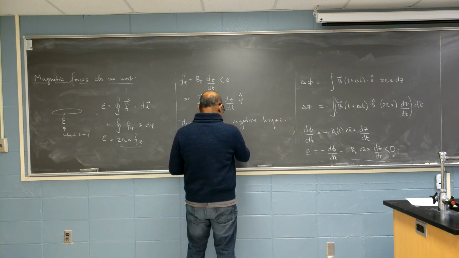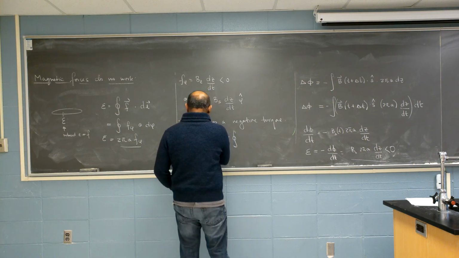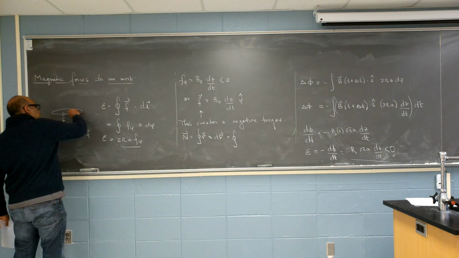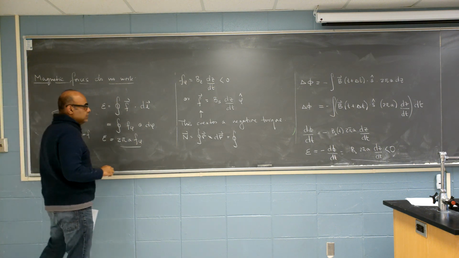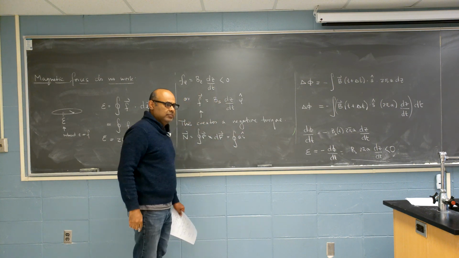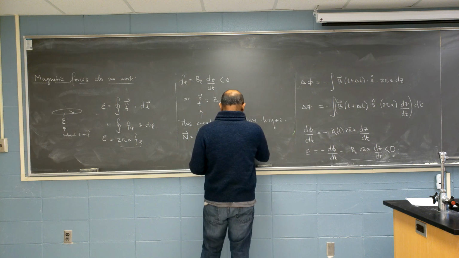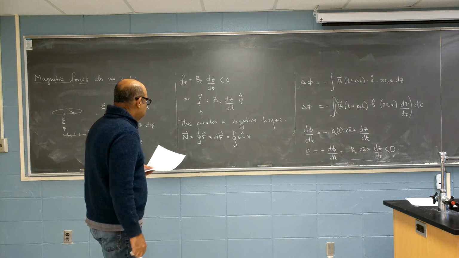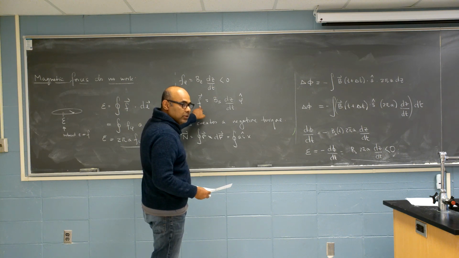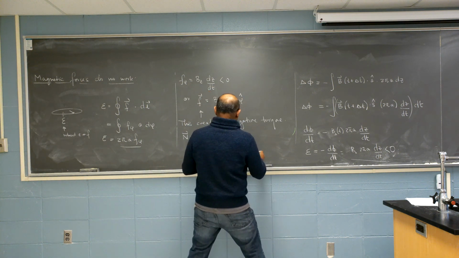So this is equal to r, that is nothing but a times s hat, cross, it's this force, but this is force per unit charge, so let me write times the total charge.